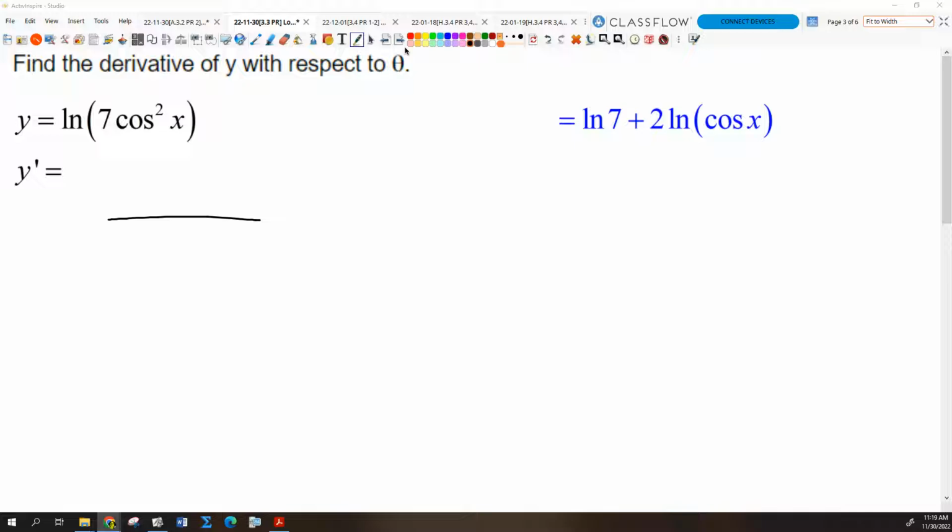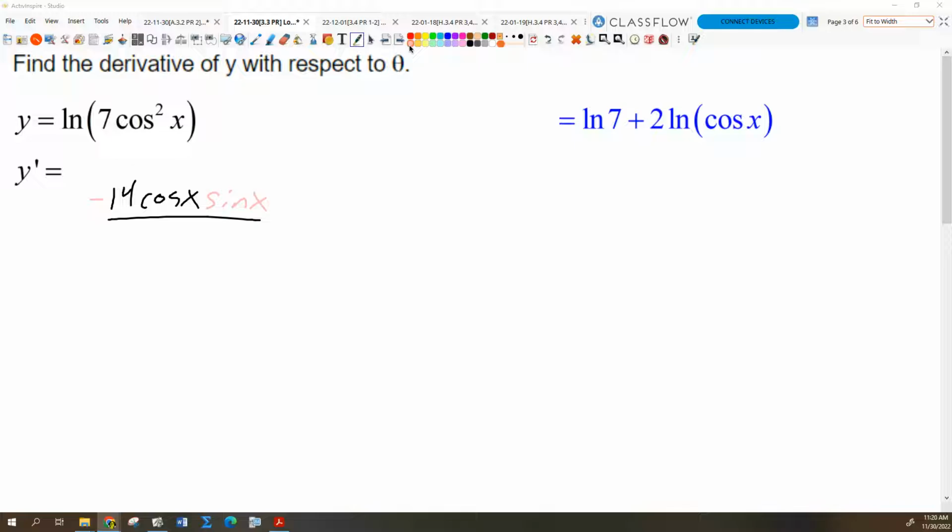I'd have to do u prime on the top. Well, the derivative of 7 cosine squared x would be what? 14 cosine x times the derivative of cosine x, right? Everybody see that? Because I've got 2 layers there. The derivative of hand squared is 2 times hand, right? So there's my 14 cosine x times the derivative of cosine x, which is going to give me a minus sine x, right?